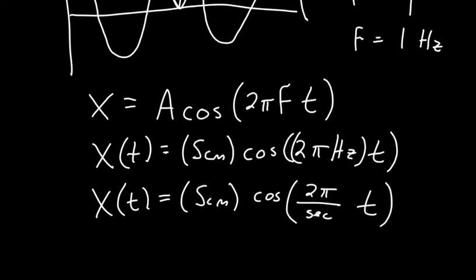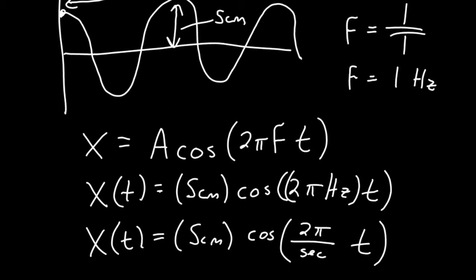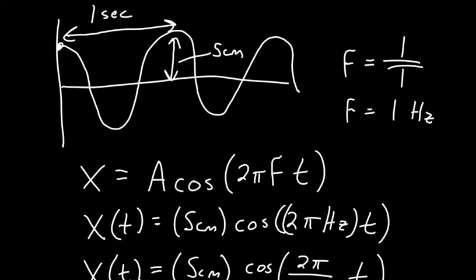And you see if we have seconds for our time here, the seconds are just going to cancel out, and we'll just have some angle in radians inside the parentheses, which makes sense for the cosine function. The other thing we can do is shift this graph over if we need to. Cosine starts with a value of 1, and this graph starts at its maximum value as well, so we actually don't need to shift this one.